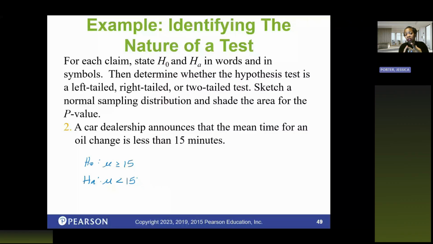Left tail, right tail, or two-tail test? Okay, got one vote. Left tail, right tail, or two-tail test? Remember, if you have a greater than or less than, you're looking at where the inequality is pointing, essentially.